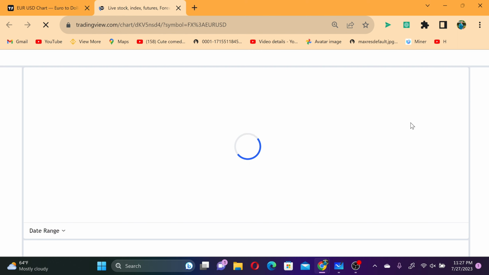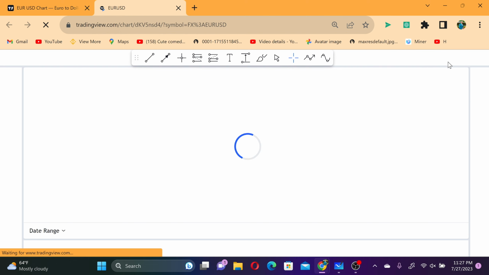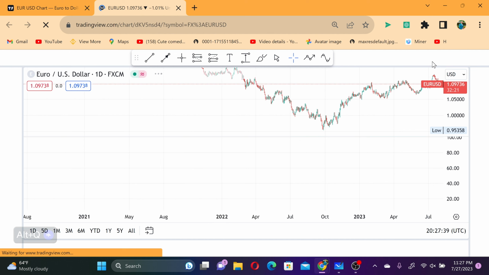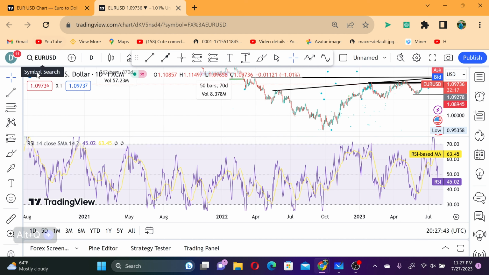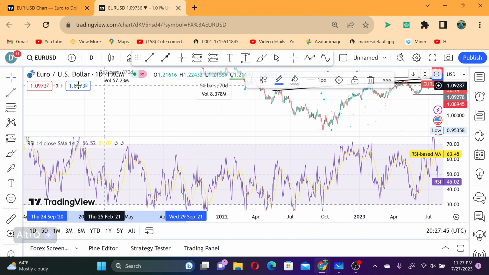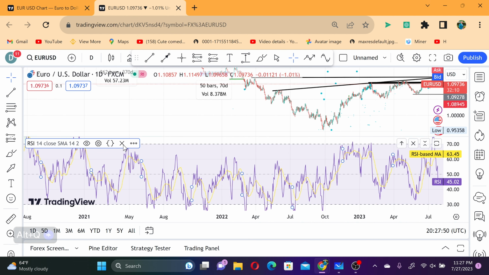Let's check. There's a trending view. The other thing you have to use right over here, remember, you can use 2 indicators. Sometimes you cannot use all those things.